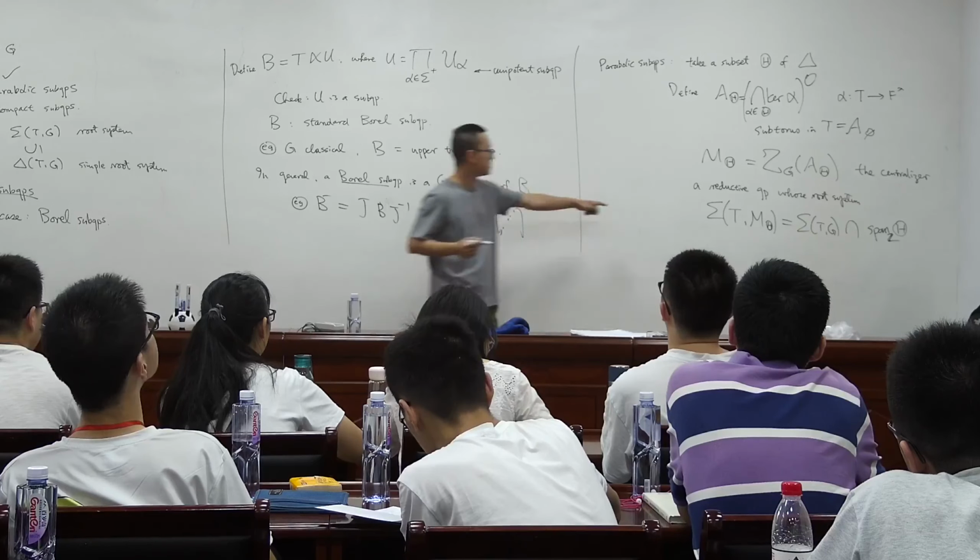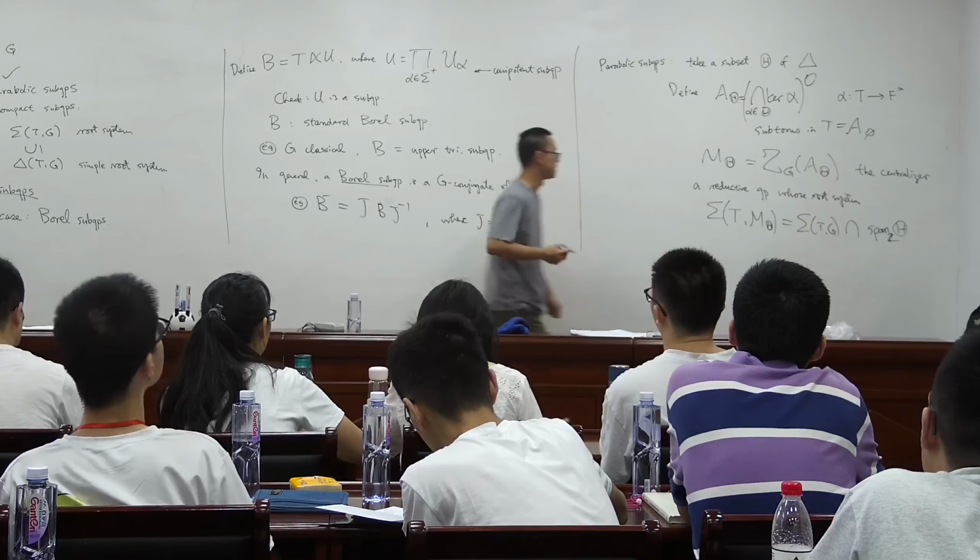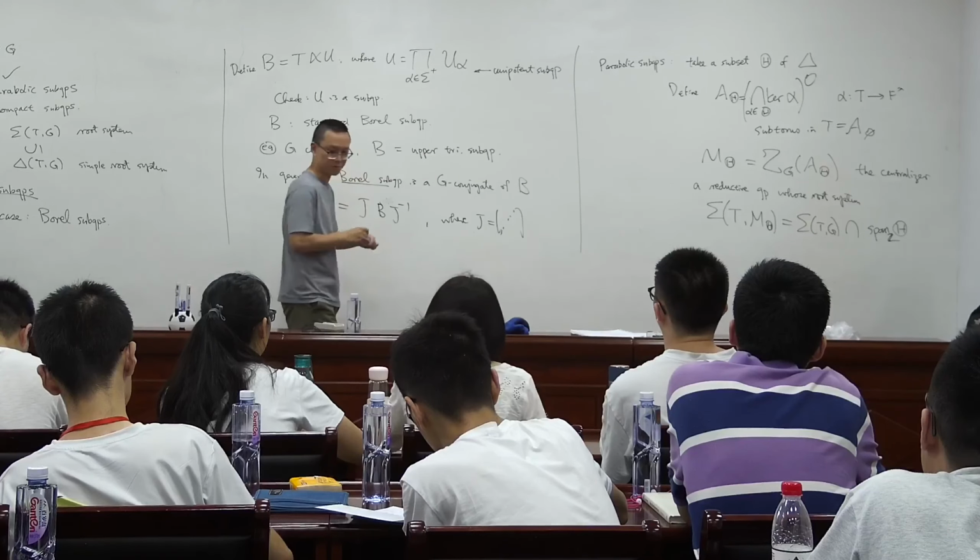So the root system is just a subroot system of the reductive group G.